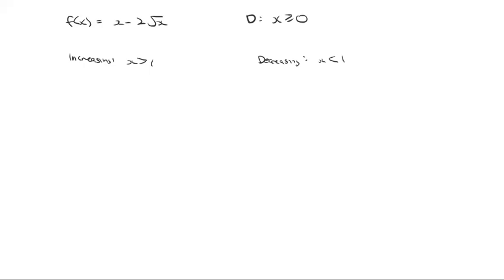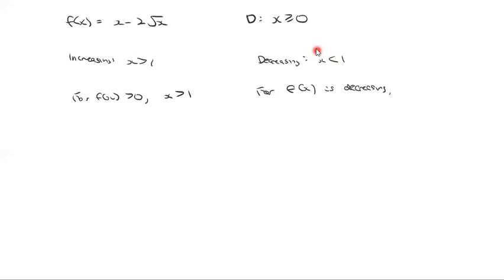And as a result of that, when I ask you for intervals, well, x is greater than 1 is all within the domain, so that's not a problem. So for f(x) is increasing, you just say x is greater than 1. But for f(x) is decreasing, the condition is that x is less than 1, strictly.